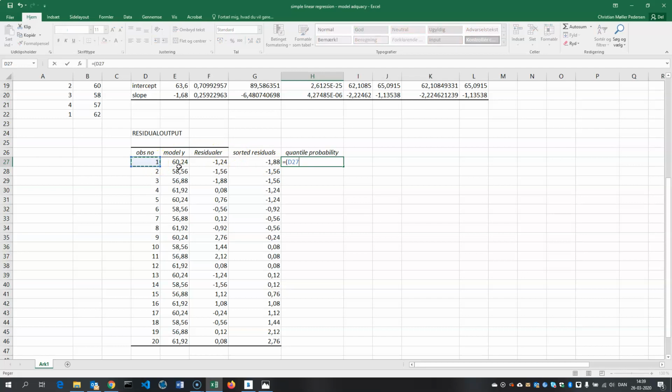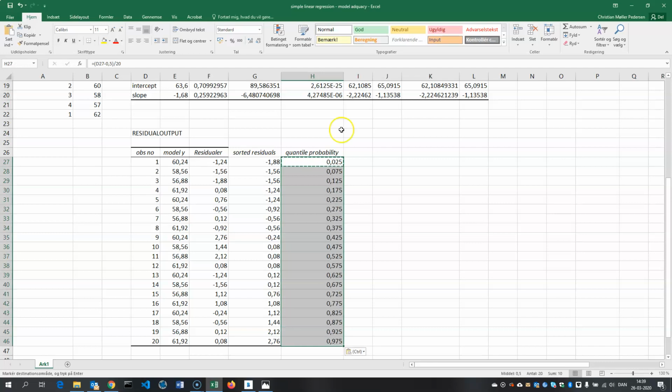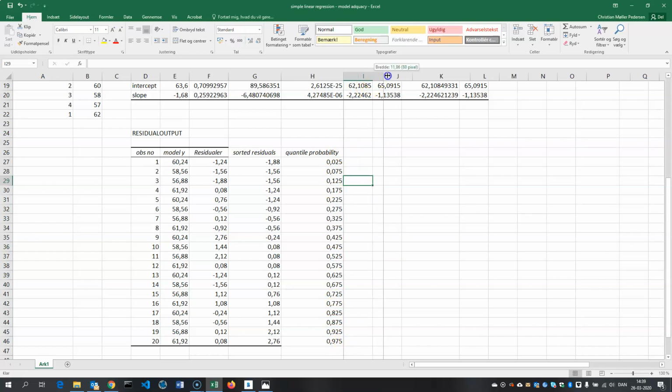Well, we take the observation number, we subtract 0.5, that's more or less a convention, and we divide by the number of observations, which is 20 in this case. That gives us the 2.5% quantile. And I'll copy this all the way down here, and then we have all the 20 quantiles in our sample, starting with 2.5%, ending with 97.5%.